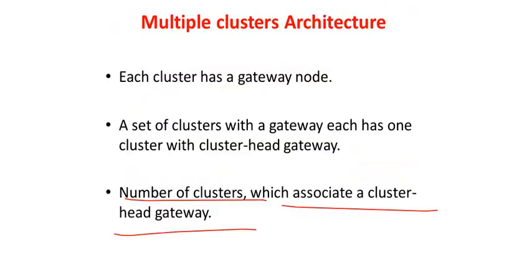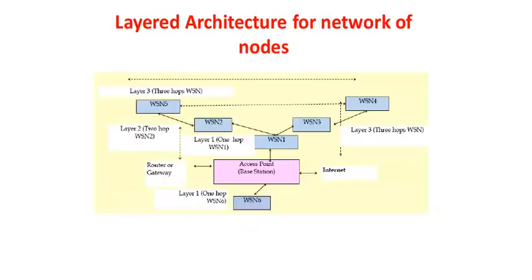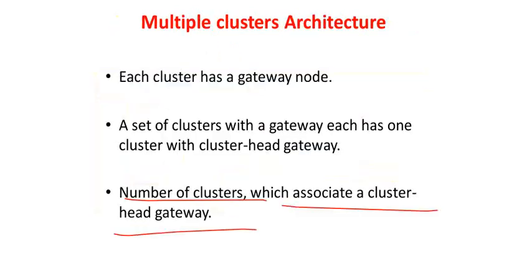Then the second one is called the multiple cluster architecture, wherein the total number of nodes available in your WSN are split into different clusters, and each cluster has its own cluster head.